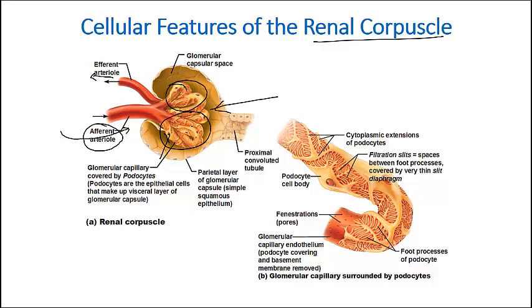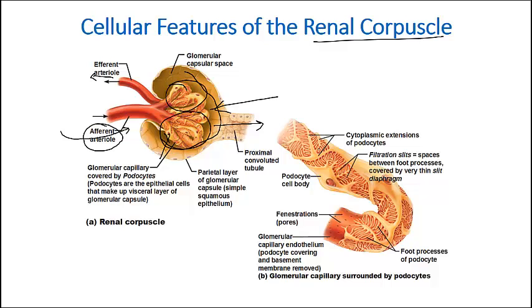These podocytes surround the permeable capillaries. Between the visceral and parietal layers of the capsule, there lies a capsular space. This is the capsular space present between the capillary and the wall of the parietal layer of the glomerular capsule. So there is a space, and through that space the proximal convoluted tubule also starts.